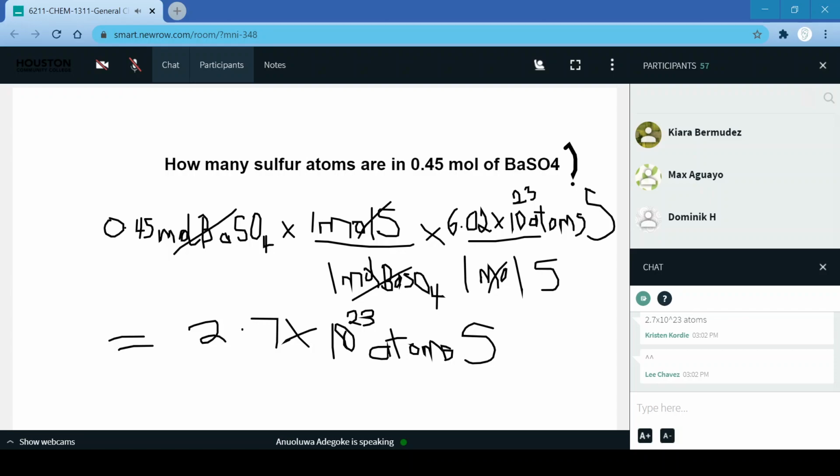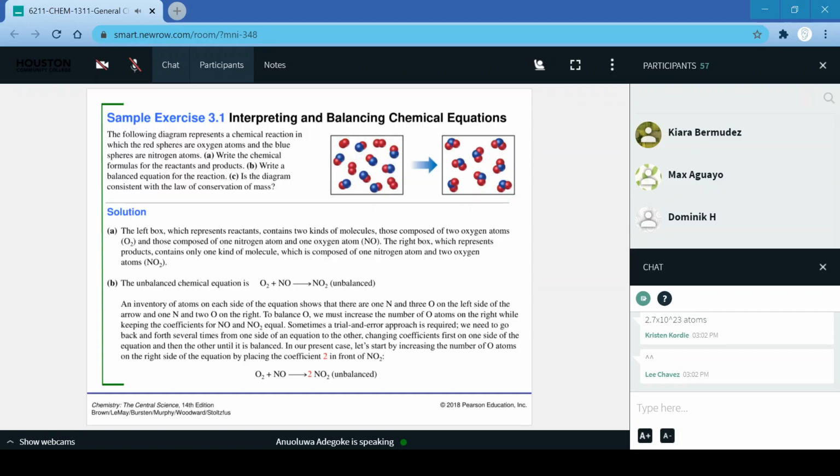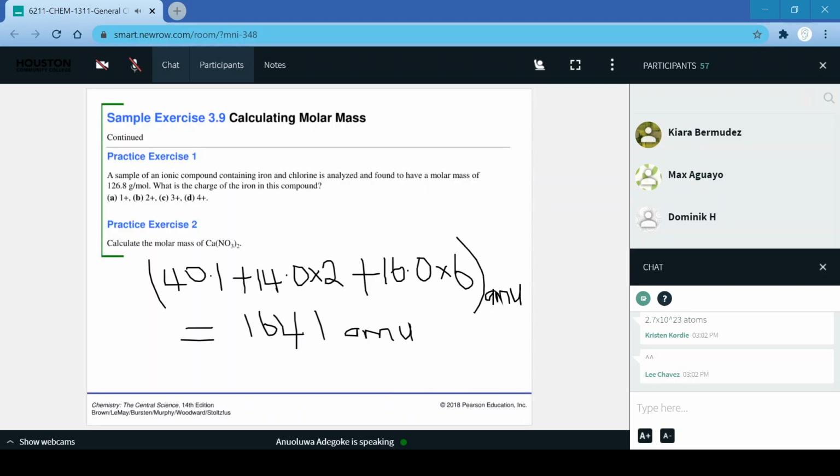Another question we are going to do right now, we are going to see how we can go from grams to atoms. The one we just did is from mole to atoms. We can also go from grams to atoms.